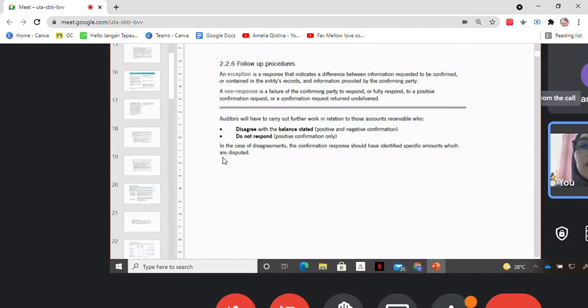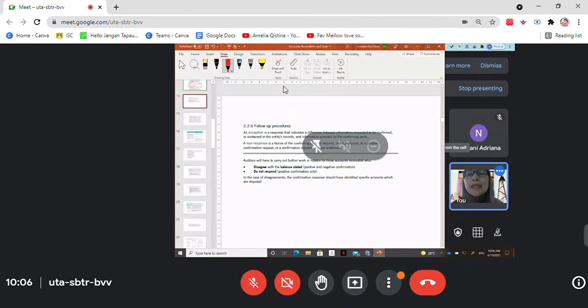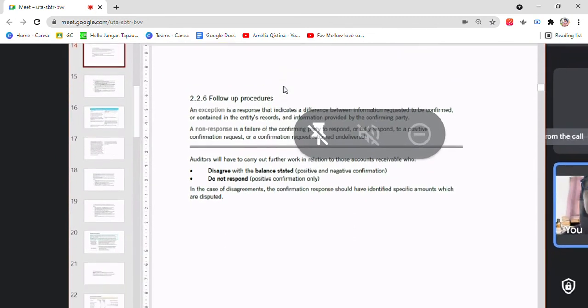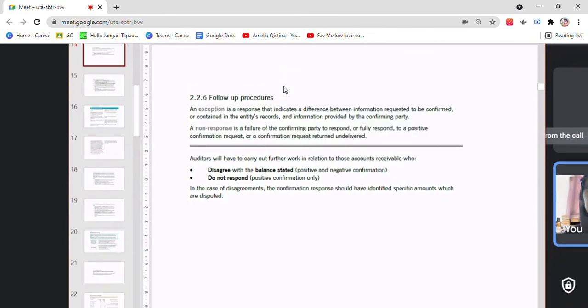Okay, follow-up procedures. An exception is a response that indicates a difference between information requested to be confirmed or contained in the entity's record and information provided by the confirming party.